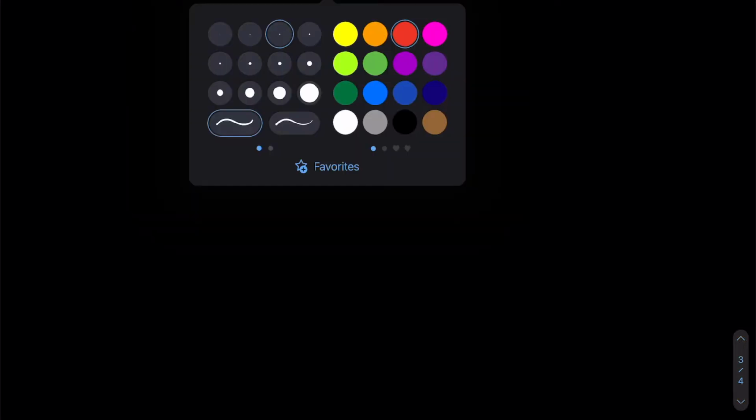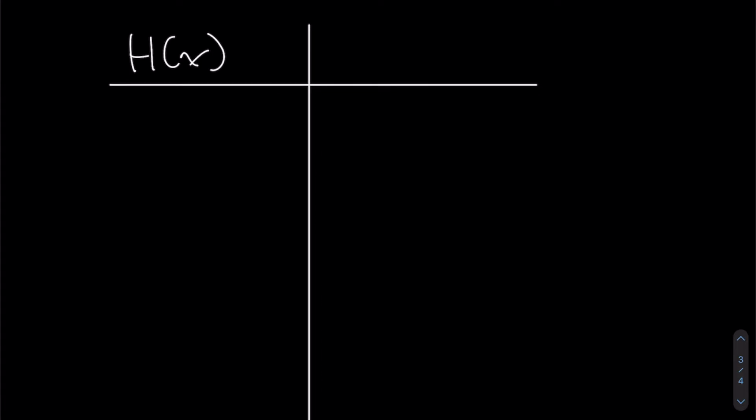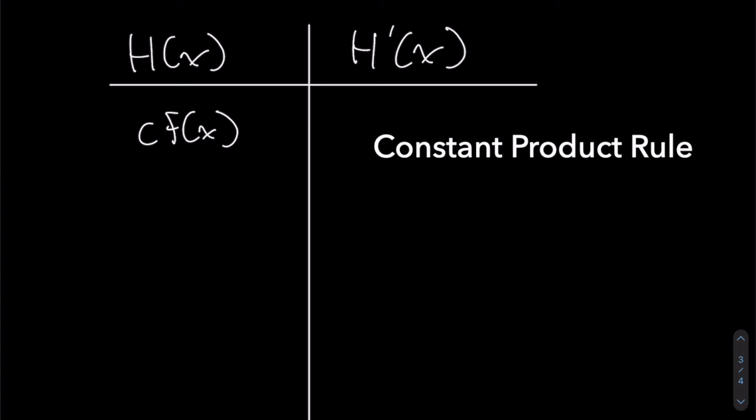So using the definition of the derivative, you can actually come up with several derivative properties. So I'm going to go ahead and write those derivative properties now. So let's say in this column we're going to have our function h of x, and in this column, we'll have the derivative of h of x. So this first property is called the constant product rule.